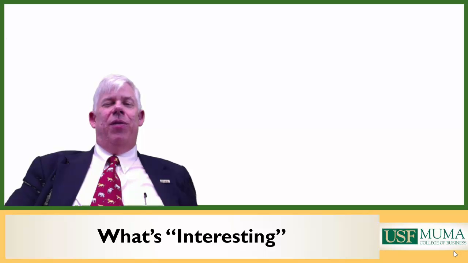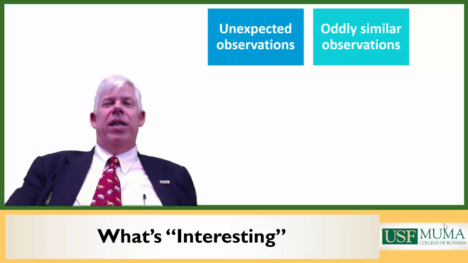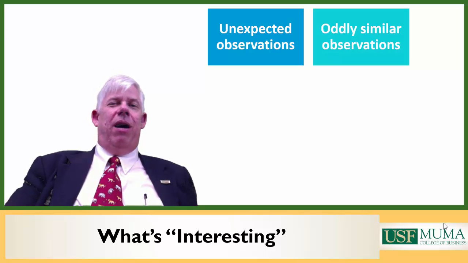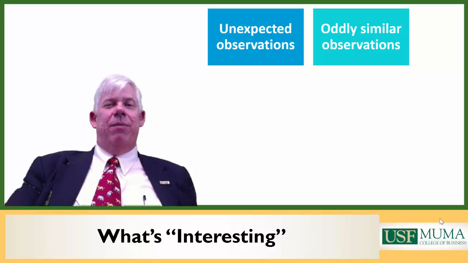There are a number of things that you might encounter in case research that would pique your interest. For example, when you see an unexpected observation, that would be interesting. When you see oddly similar observations, that would be interesting. You expect them to be different, yet they actually behave the same.